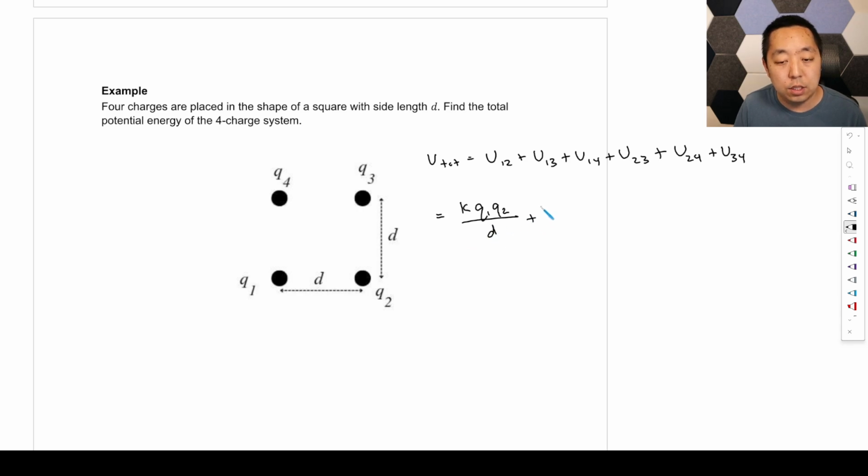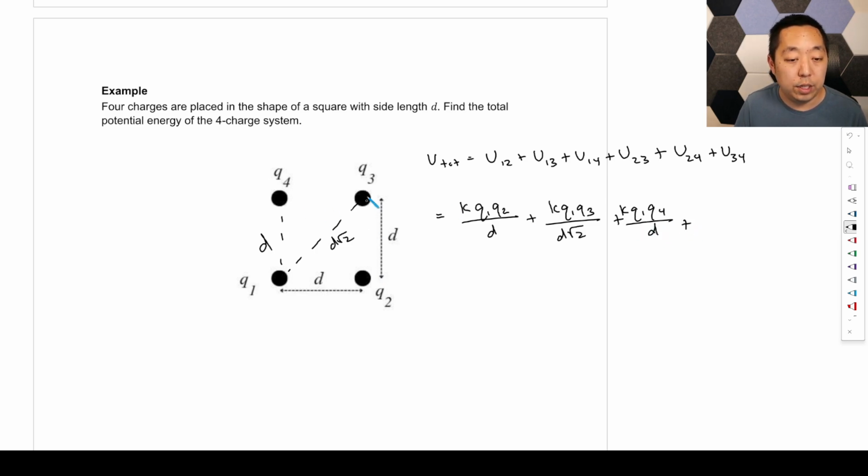That's D. For 1 and 3, the distance is D root 2, so this is going to be K, Q1, Q3 over D root 2. 1 and 4, that distance is D, so it's K, Q1, Q4 over D. 2 and 3 is also a distance D, so it's K, Q2, Q3 over D. Then 2 and 4, that's D root 2 because it's the diagonal, so it's K, Q2, Q4 over D root 2. And then finally 3 and 4 is K, Q3, Q4 over D.